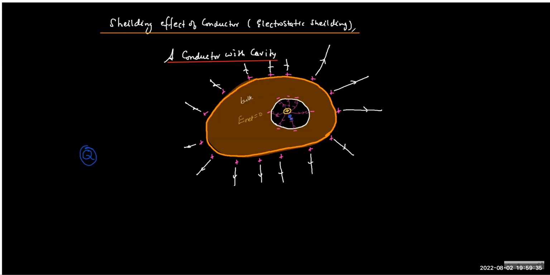So let me write down each term independently. I'll give them names. Let's say E1 is the electric field due to the charge kept inside the cavity.